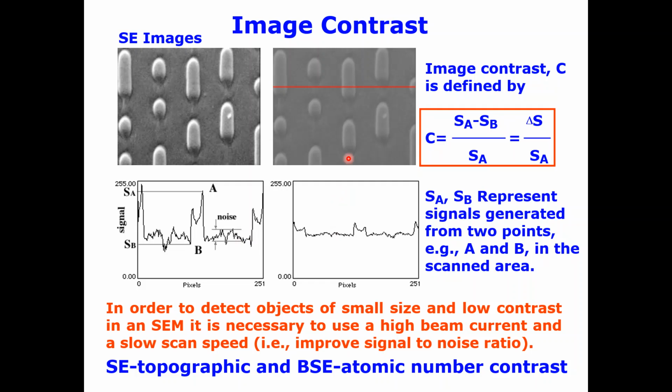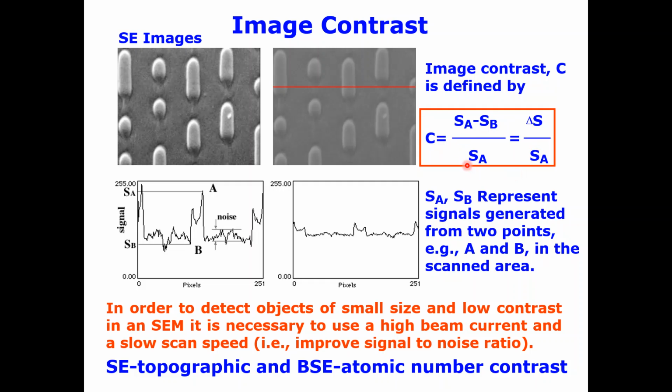Image contrast, which we denote by C, is defined mathematically as C is equal to SA minus SB divided by SA. So now we will define what SA and SB represent. That is equal to delta S divided by SA.